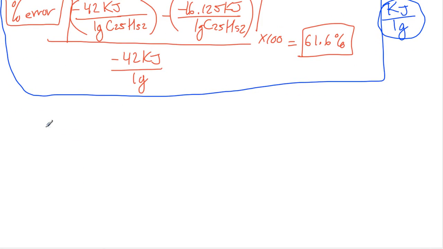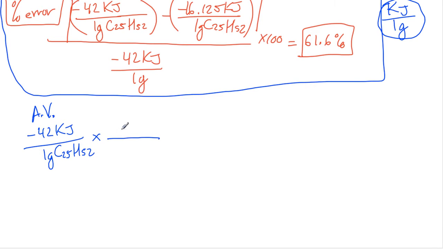So I take this number of the accepted value, and I'm going to convert it. So if I have negative 42 kilojoules for every 1 gram of C25H52, and I'm going to convert this into moles because I have 352 grams for every 1 mole of C25H52.